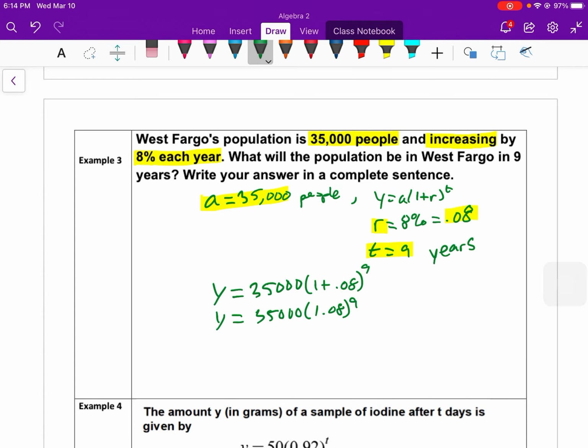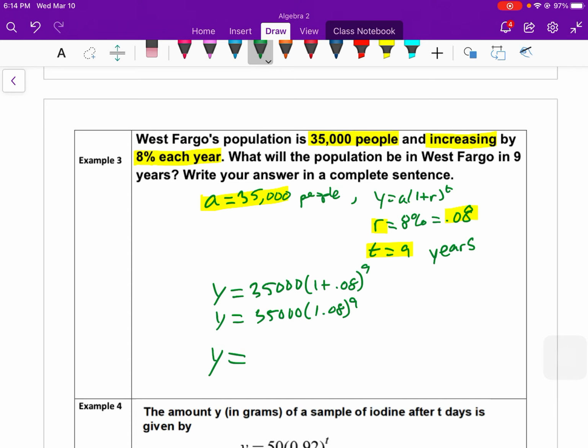I have also done that step. So once I've actually already solved the final product, you would take that to the power. It'd be 35,000 times that number. So actually, let me do it on the calculator just to illustrate it. So it'd be 1.08 to the 9th power.